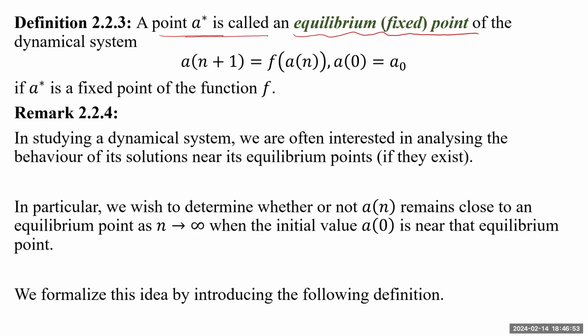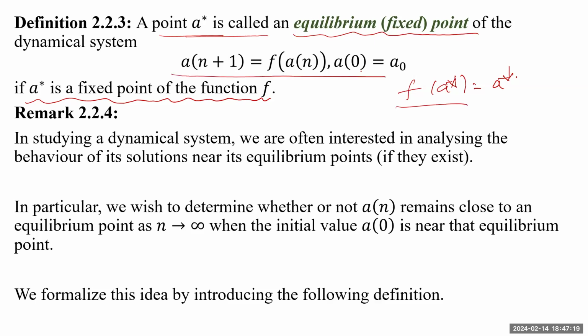So that point is said to be an equilibrium if that point is a fixed point of the function f, that is, we have to show that f(a*) = a*, right? So for such a property in the dynamical system, such a fixed point, we call the equilibrium points, right?